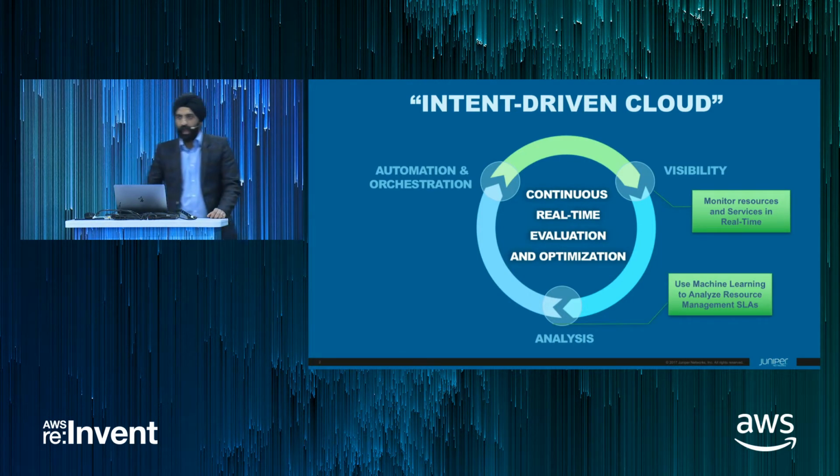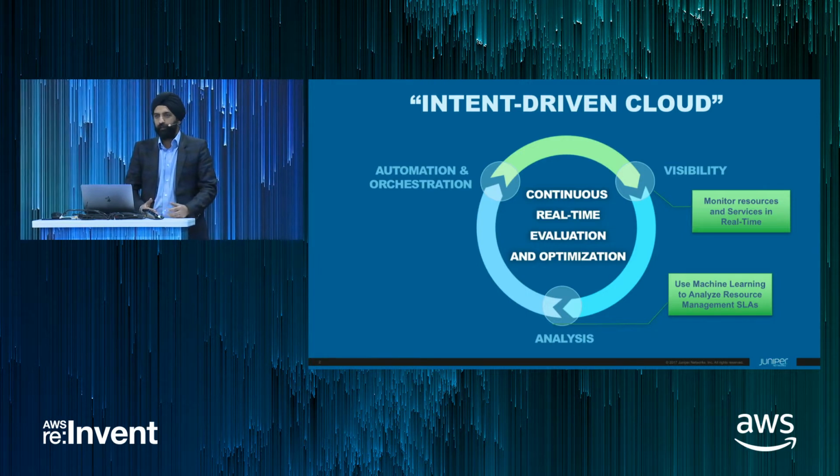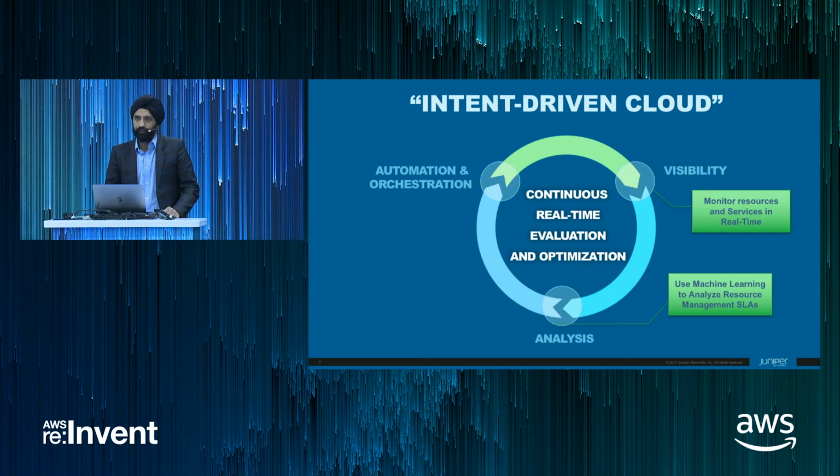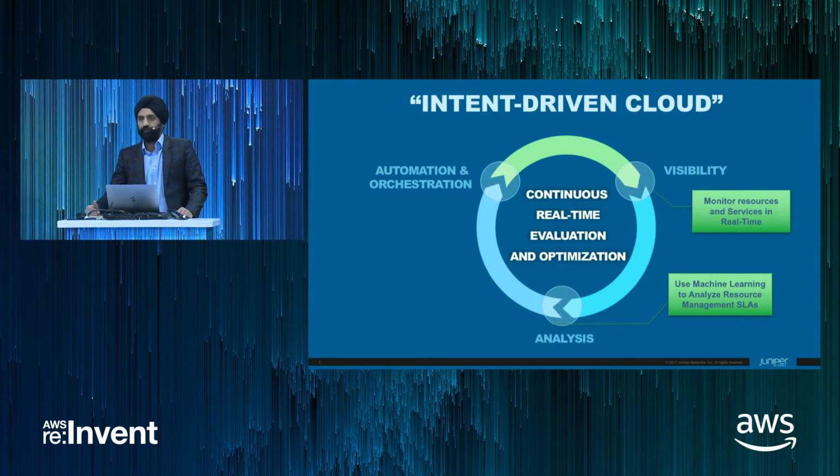Now, as our workloads are becoming more and more dynamic, and as we enable this real-time telemetry, clearly it's not possible for humans to capture and analyze all of this information.